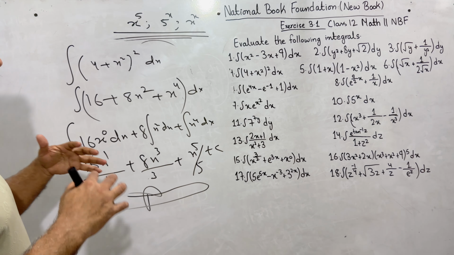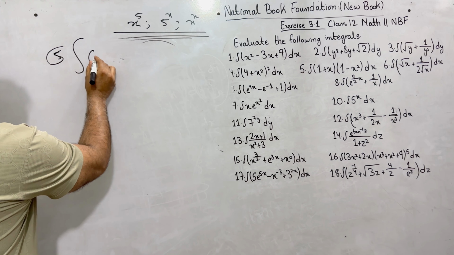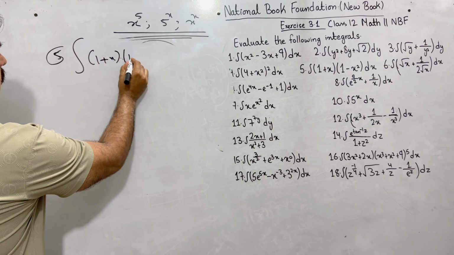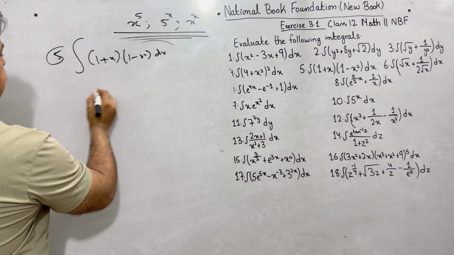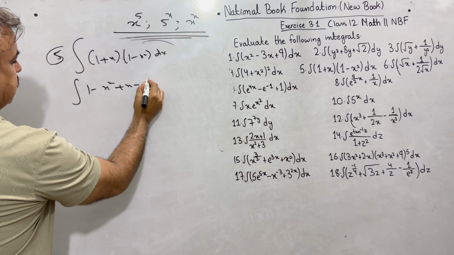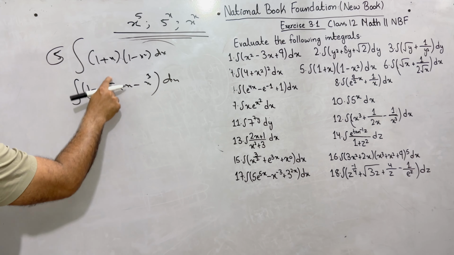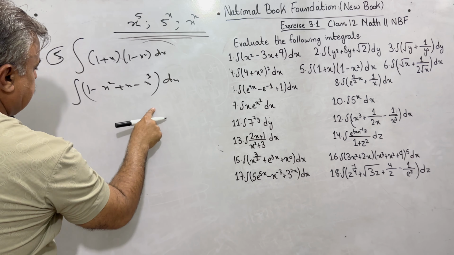Just multiply the two brackets, add 1 into the power, and we are going to get through 5. Nothing to worry about. It's (1 plus x) times (1 minus x square) dx. Multiply. It will become 1 minus x square plus x minus x cube dx. 1 times (1 minus x square), x times (1 minus x square) gives x minus x cube.